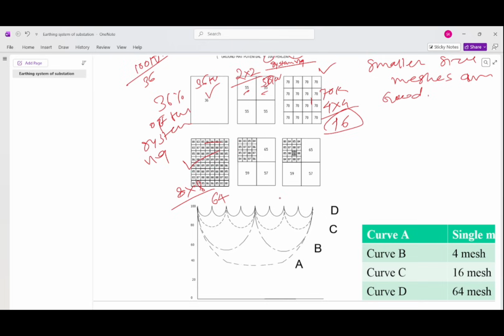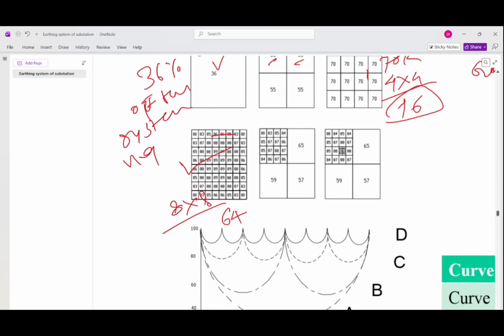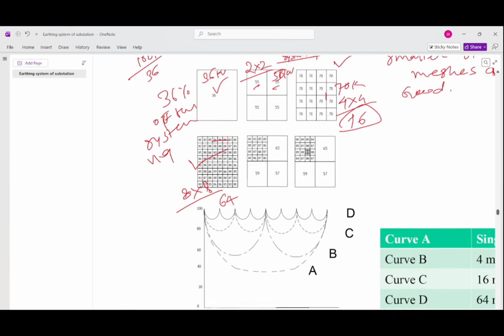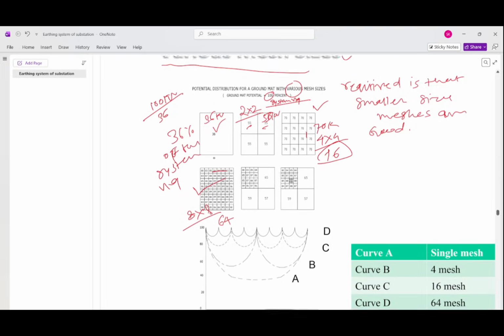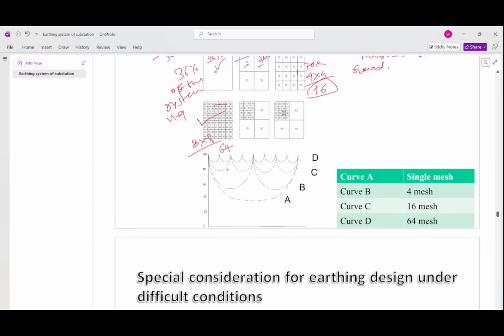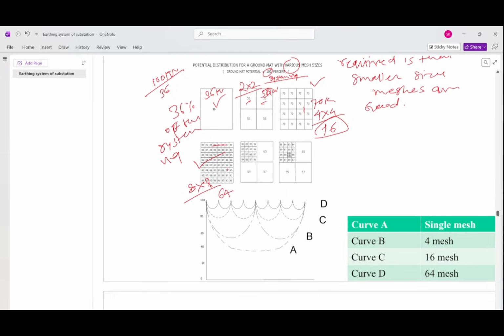So this will have a voltage of 80 to 89 maximum percent appearing across the ground mat. Curve A is showing a single mesh, so 36% voltage is appearing here. Then B is 2 by 2, 60% voltage is appearing.